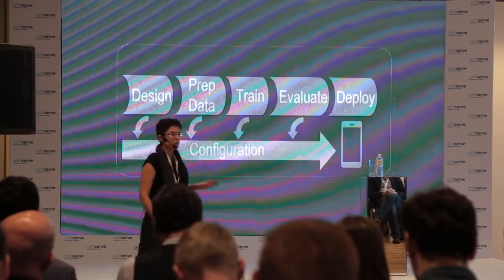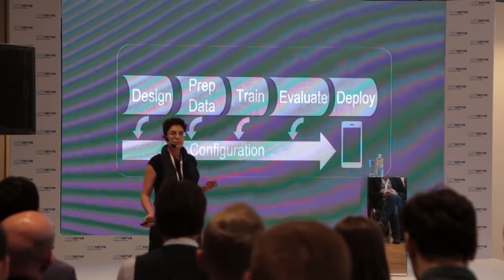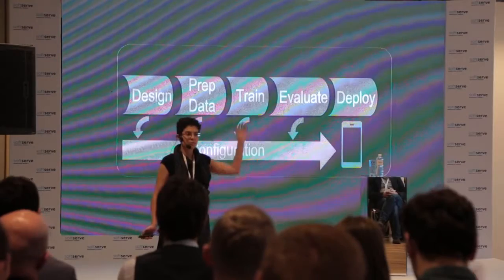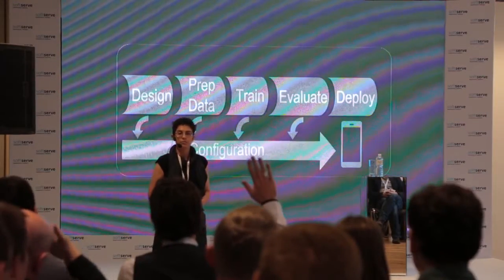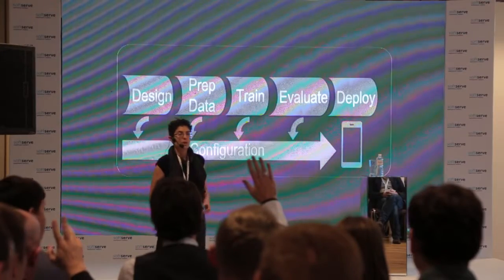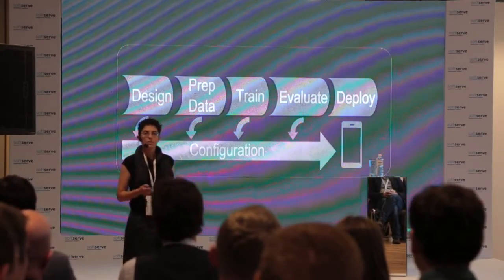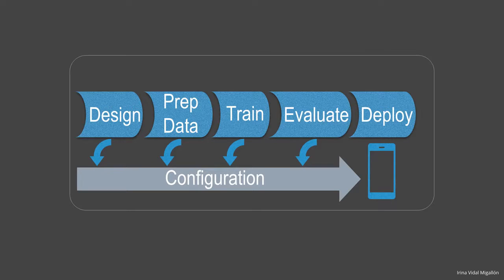So a quick show of hands. Who here has been working with neural networks? Who has deployed on production? Okay, so this pipeline will probably feel slightly familiar to you. I'll keep coming to this slide during the presentation because to me and to the team this was a lifesaver.